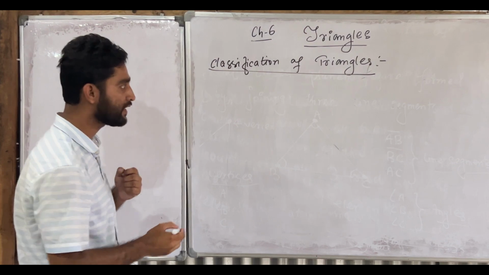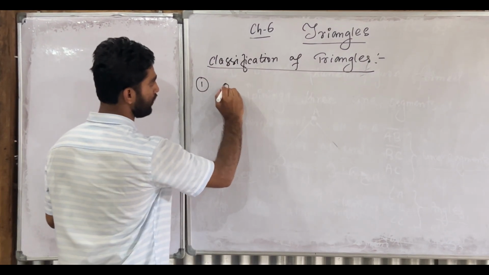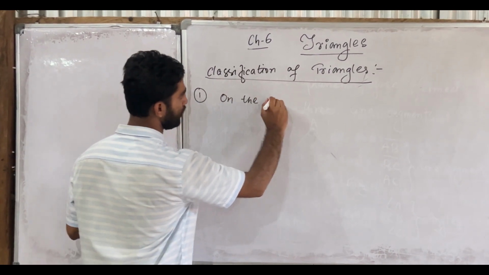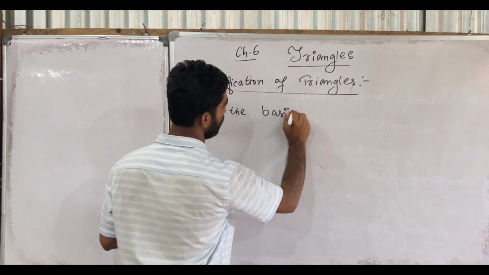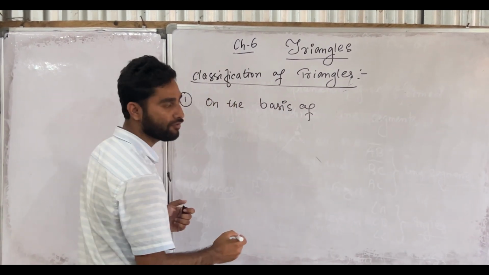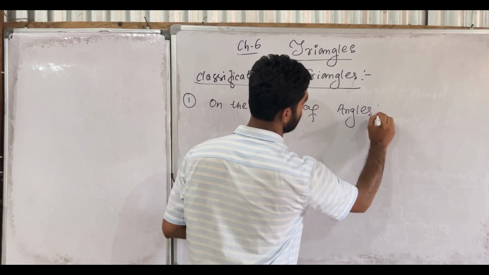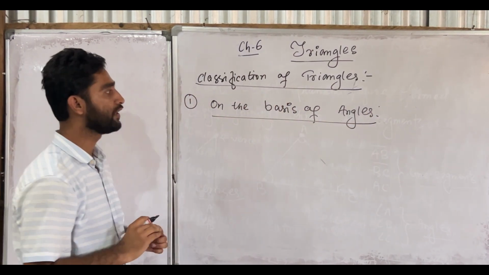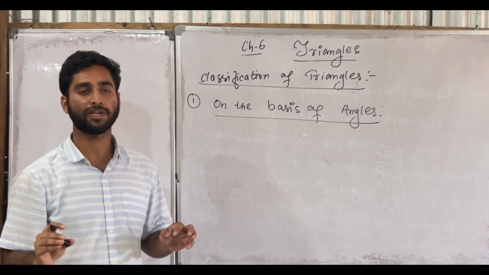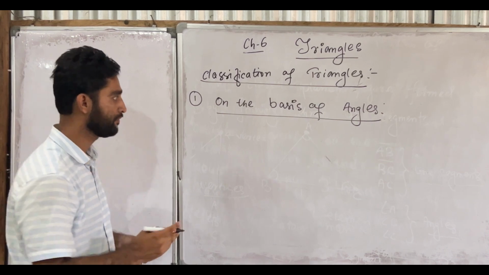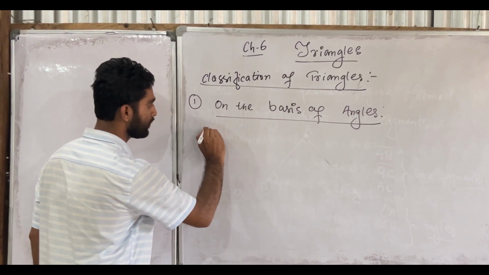So first one we will study on the basis of angles. On the basis of angles, the triangles can be classified into three types. So what are these?